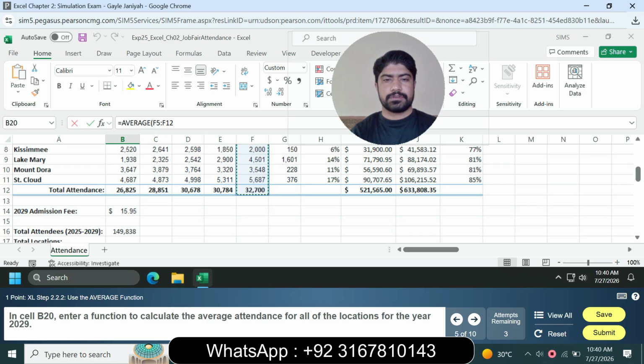It's 2029, F5 to F11, attendance for all locations.